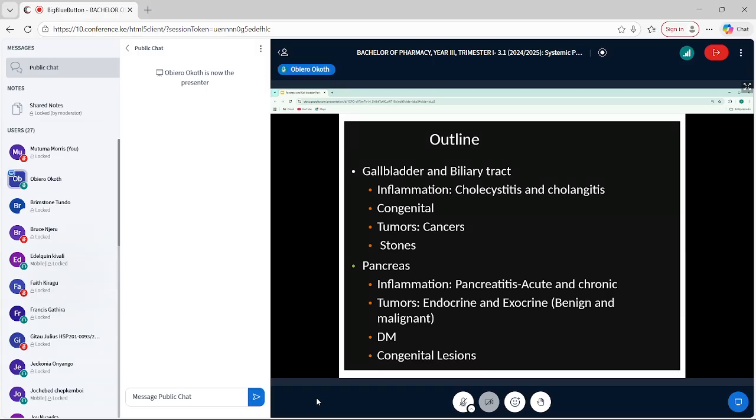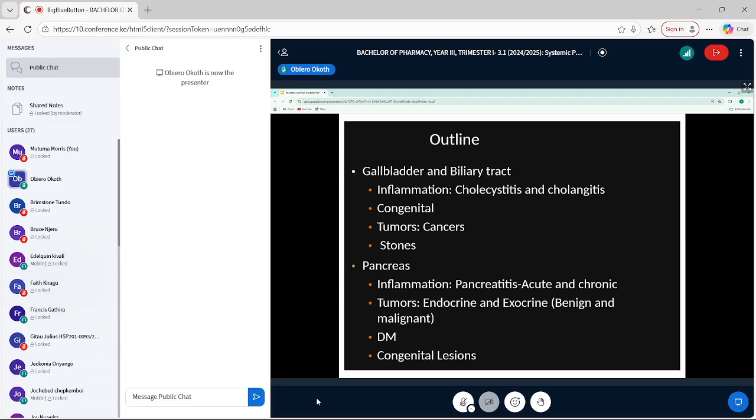Now, in the pancreas, mainly the inflammation, and the most common inflammatory lesion here will be the acute pancreatitis. There's also the issue of chronic pancreatitis. We'll see that it is common because one of the causative agents is a very, very, very, very common drug.